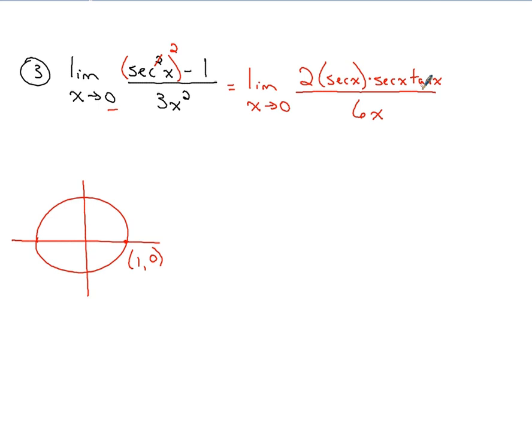It's going to be 0, right? Because by definition, tangent would be y over x. It's going to be 0 over 1, so this will be 0. That means we get 0 over 0 again. That means we get to use L'Hopital's rule again. So we're going to continue to apply the limit here. Because we got 0 over 0 back again, we take the derivative again.